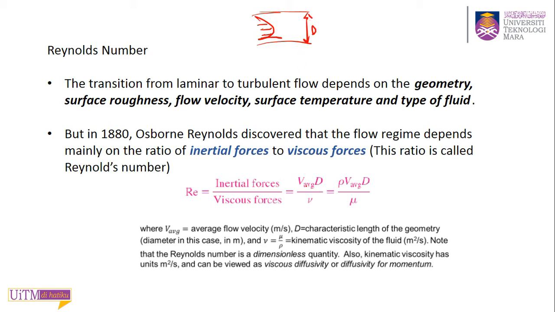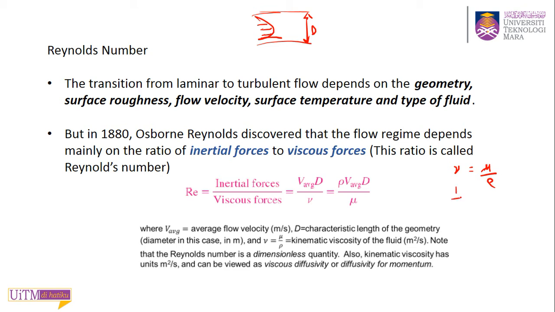Divided by the kinematic viscosity, this nu, and we know that nu is equal to mu, the dynamic viscosity, over rho. So from this equation we can translate it in terms of rho and dynamic viscosity, because kinematic viscosity equals mu over rho.